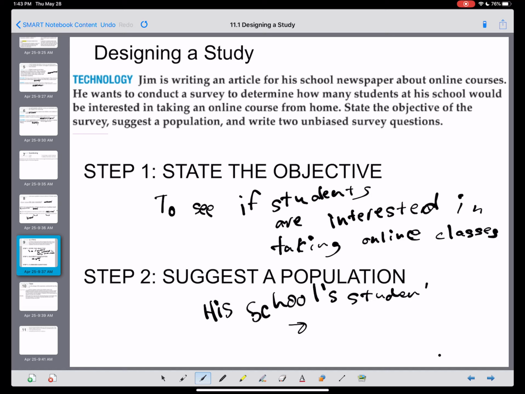But what he should do is he should be asking random students. You can't necessarily ask the whole school, right? You want to ask not a handful, but a good amount of students randomly. You can't ask the whole school. You want to ask students randomly. Okay.